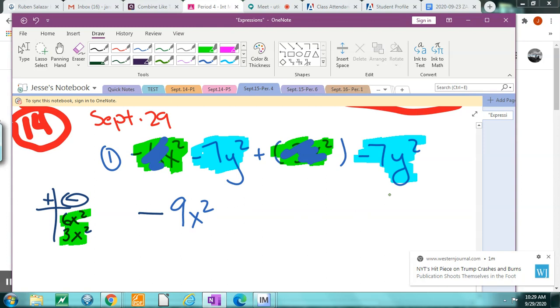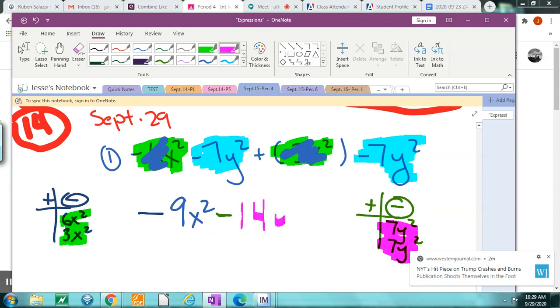Here's another t-chart. Negative 7y squared, negative 7y squared. Because they're all negative 7y squared, what's my answer? We add them because they're on the same side. So negative 14y squared.